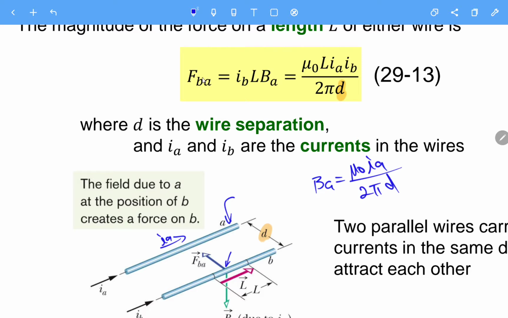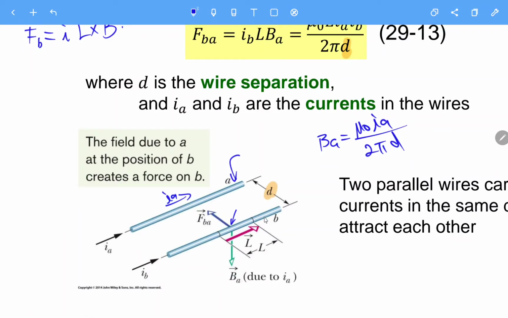From the last part of the last chapter, we know that the force acting on the current-carrying wire from an external B field is ILB, or if you remember, it is actually FB equals I times L cross B. But now we consider L and B perpendicular to each other, so we don't have a sine of theta, or we have sine of 90 degrees, so it is nothing but IB times L times BA.